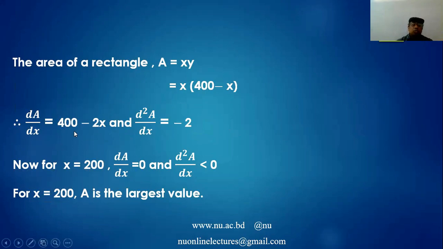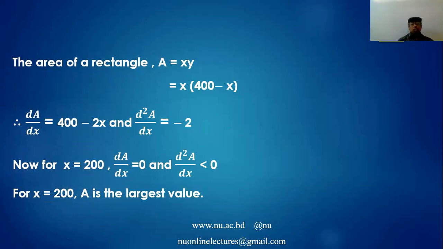So 400 minus 2x, and when you differentiate again, that is the second derivative, d square A by dx square. 400 is a constant, so it should be 0, and minus 2x gives minus 2. The second derivative is minus 2.